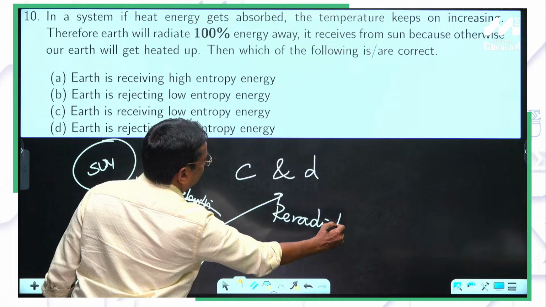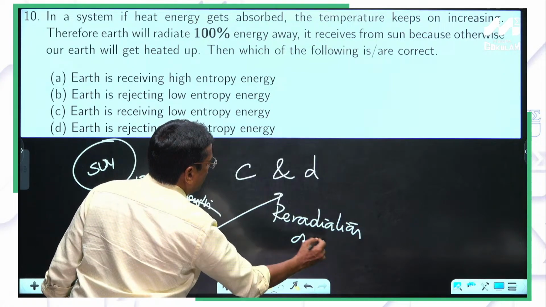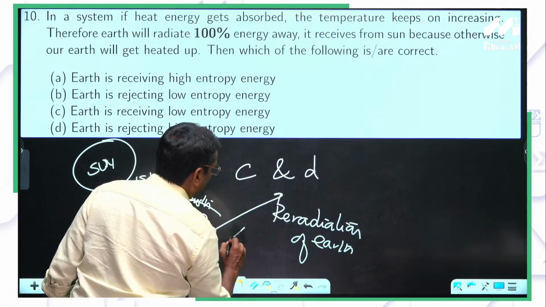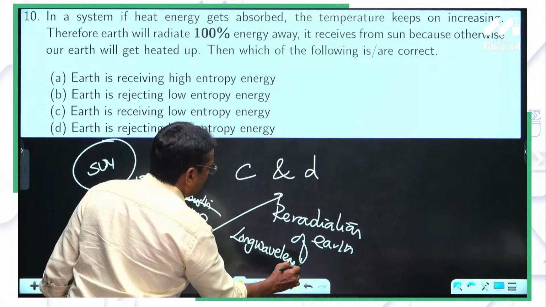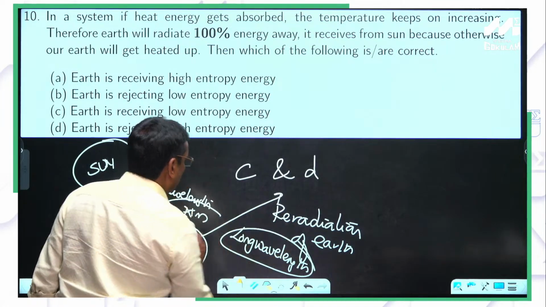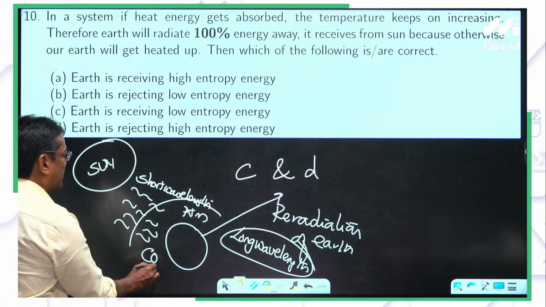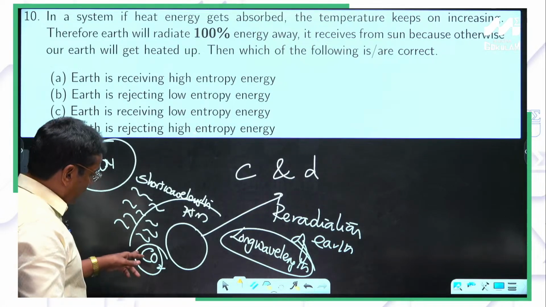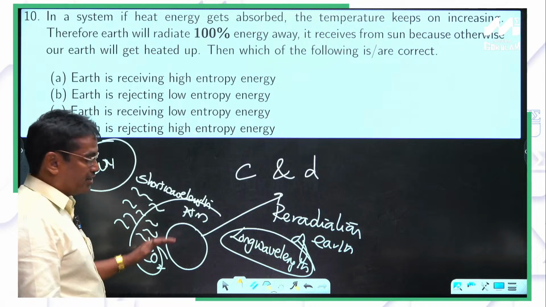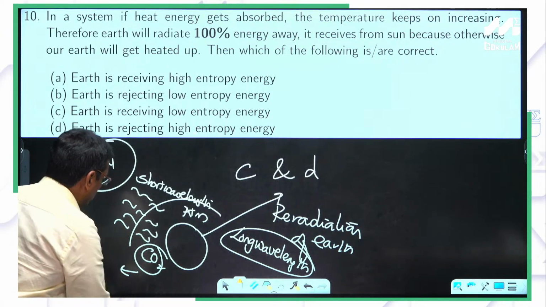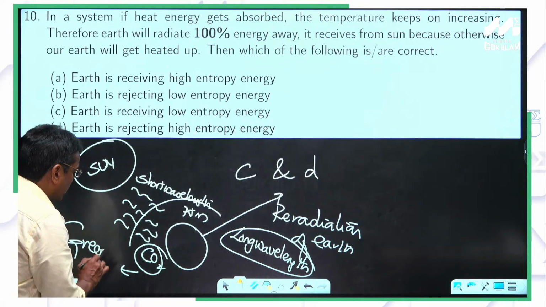That will be a long wavelength re-radiation. The carbon dioxide present in the atmosphere will be preventing this long wavelength re-radiation. That is why energy is being accumulated. That is why it is also famously known as greenhouse gas.